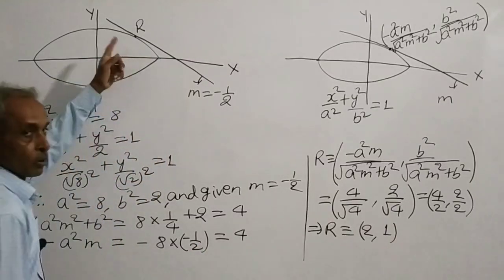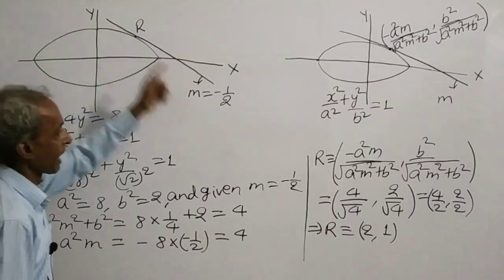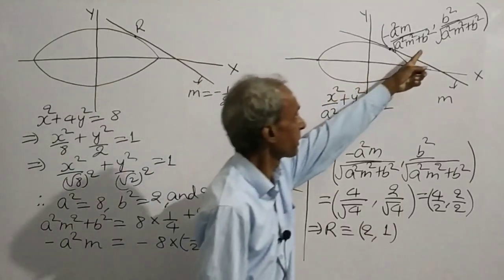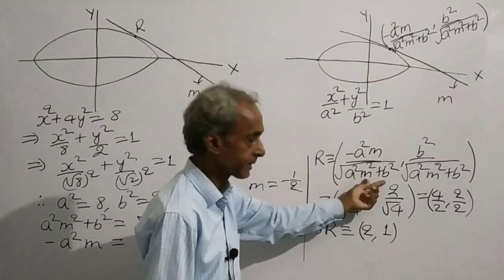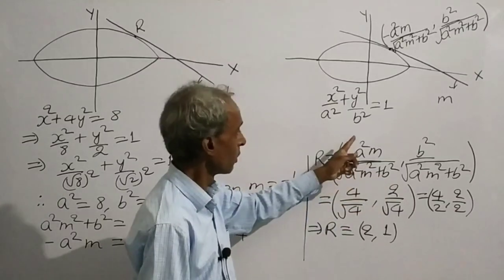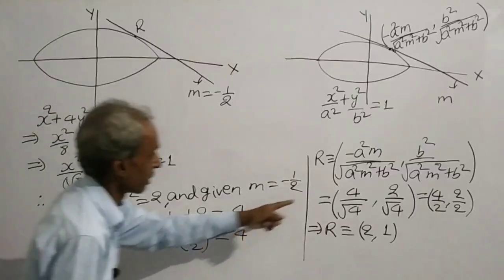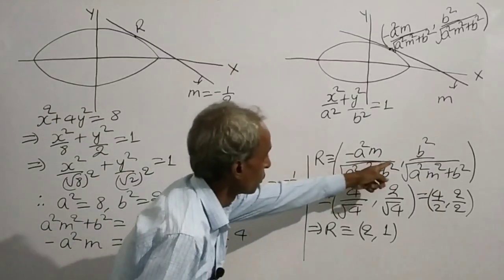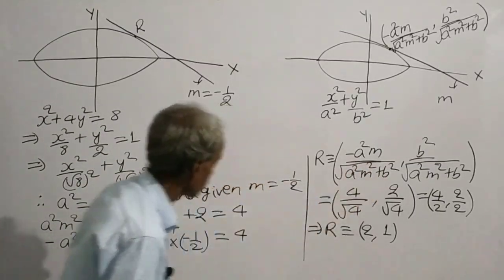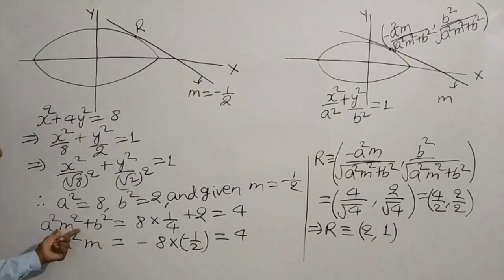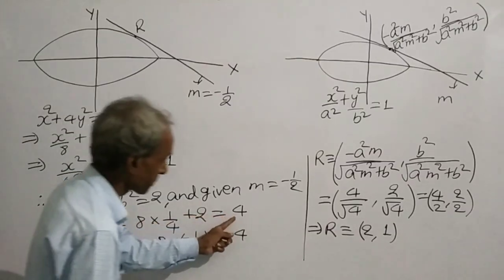Now coordinate of point R by using this formula will be this. This is equal to minus a square m is 4, 4 by root under a square m square plus b square. But value of a square m square plus b square is 4.